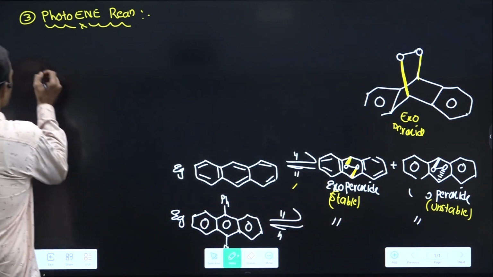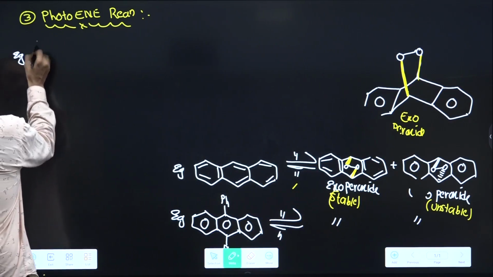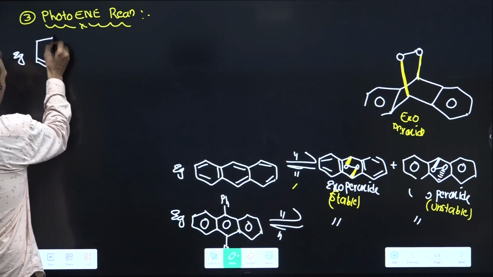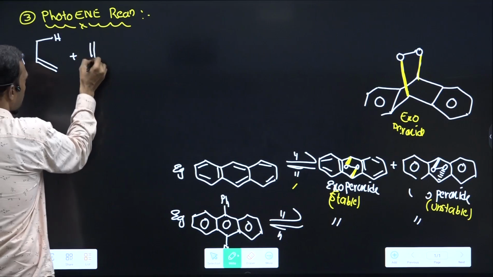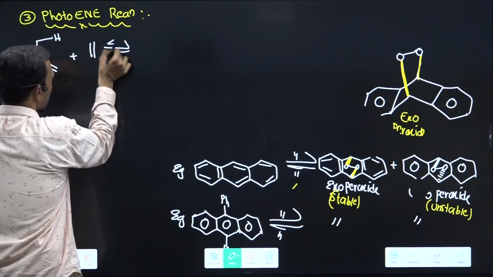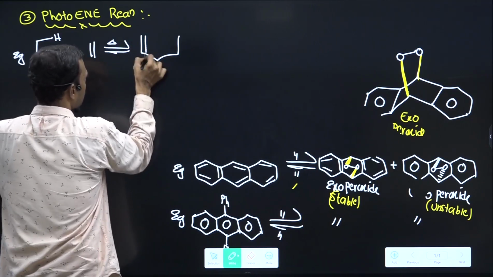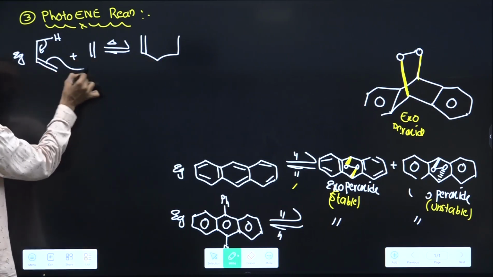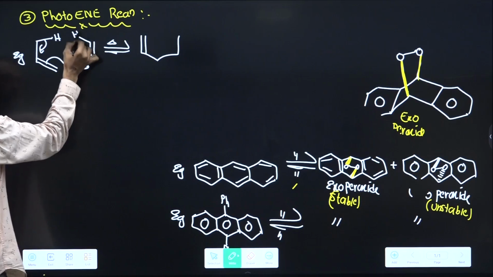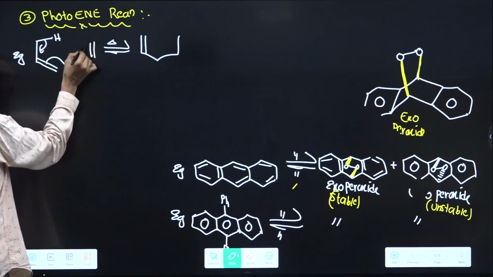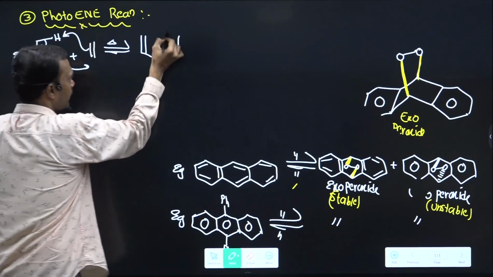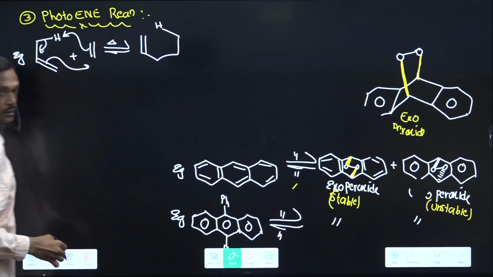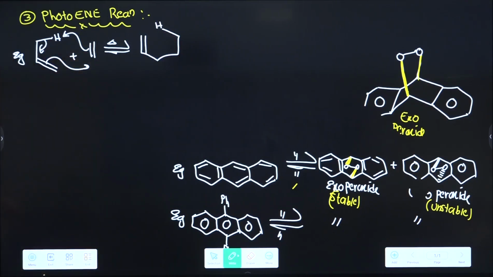See, normally what is an ene reaction? Transfer of allyl hydrogen on an unsaturated molecule followed by CC bond formation. This hydrogen migrates from here to here, CC bond formation takes place. This will take this hydrogen, this will take this. So finally I can write like this. This is called ene reaction normally.